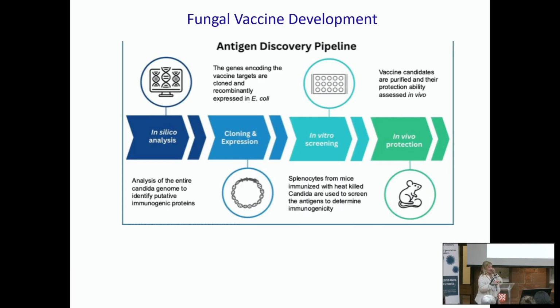And then finally, this is something we've just started on a little bit. My colleague here, Becky Ingram, has this antigen discovery pipeline that she's been using for years to try and develop vaccines against the ESKAPE bacteria.